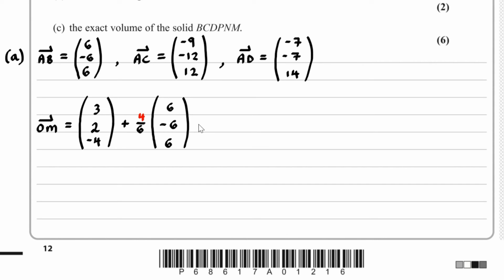So if we work out what this is, we end up with 7, minus 2, 0.